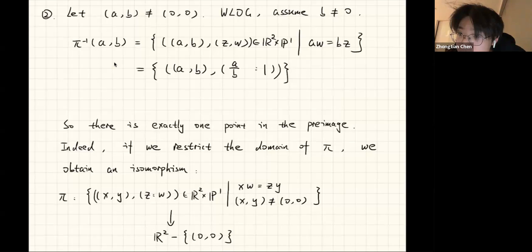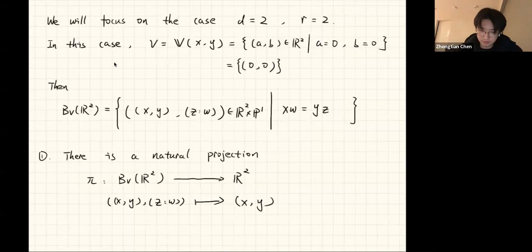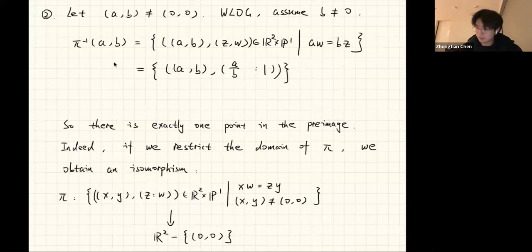Can you go back to the previous slide for a second? Okay, thanks. So our intuition is right: take a point, and there's only one point associated in P1 if we are not at the center.